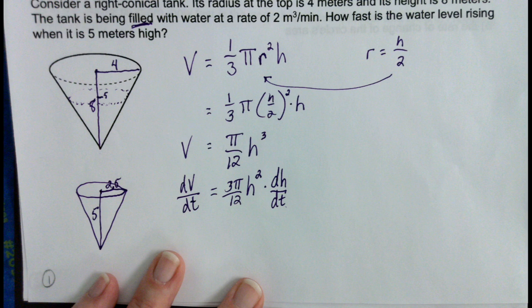Now, what is dV/dt? It is the rate of change of volume, which says the tank is being filled with water at a rate of 2 cubic meters per minute.